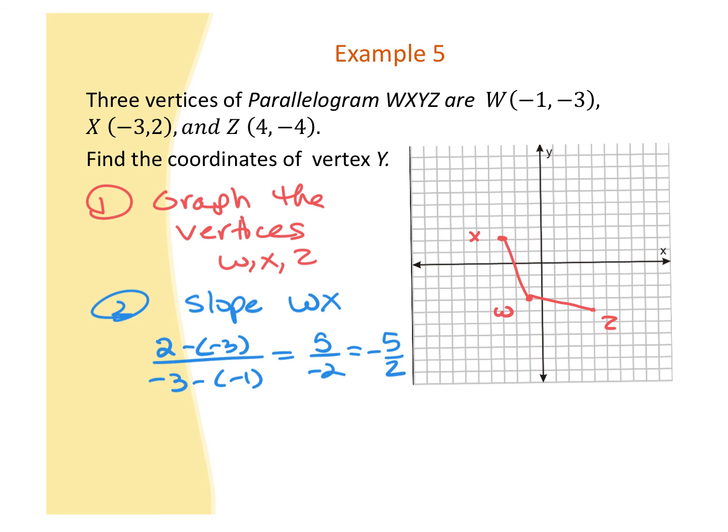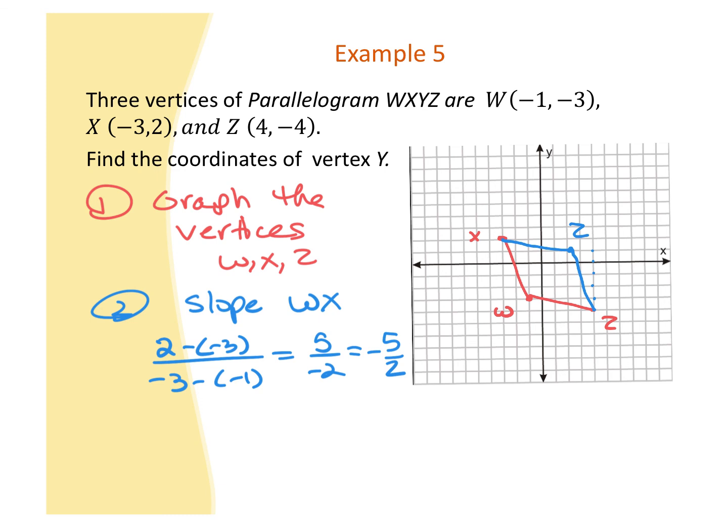So now, to get to my point, I'm going to move my rise and run. I'm going to rise 5 and run 2. I can start at point Z and go up 1, 2, 3, 4, 5. And because it's negative, I'm going to run to the left.